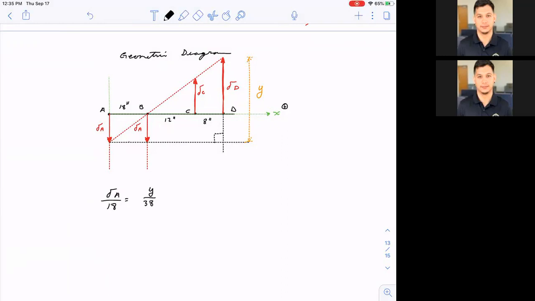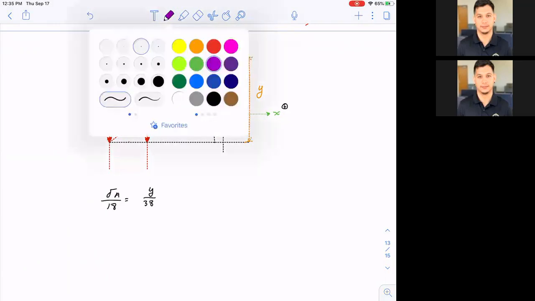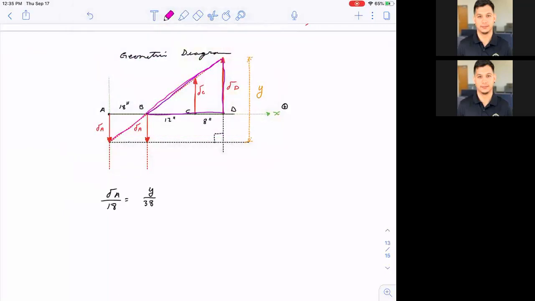But there is also another proportion, right? There's this proportion right here. Look at this triangle and this triangle, okay? So if we use that proportion, we could say that Y over 38 is also proportional to the deflection at D divided by 12 plus 8 is 20.